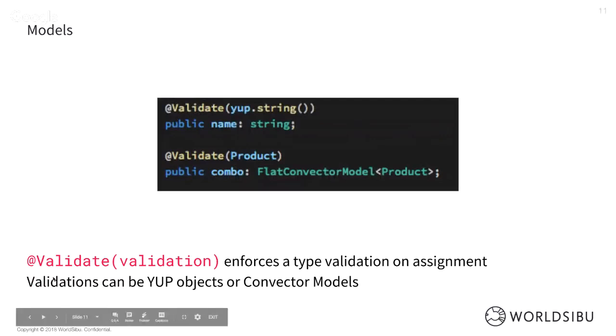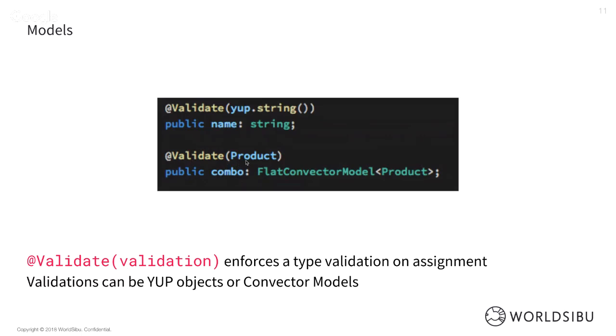There is another decorator called validate, where you can pass a Joi schema like we're using here, or you can pass a model. A model is actually a valid Joi schema, so you can pass any of those as valid parameters to validate.